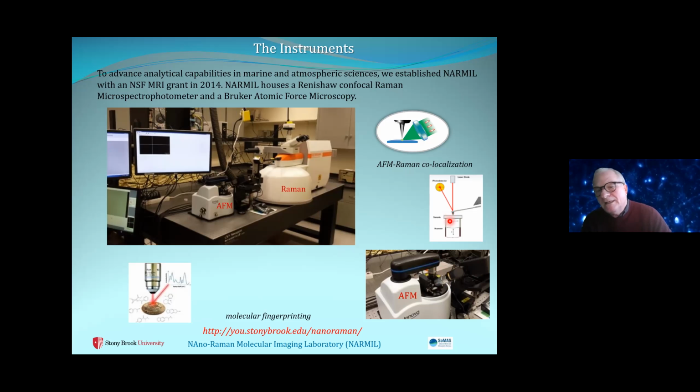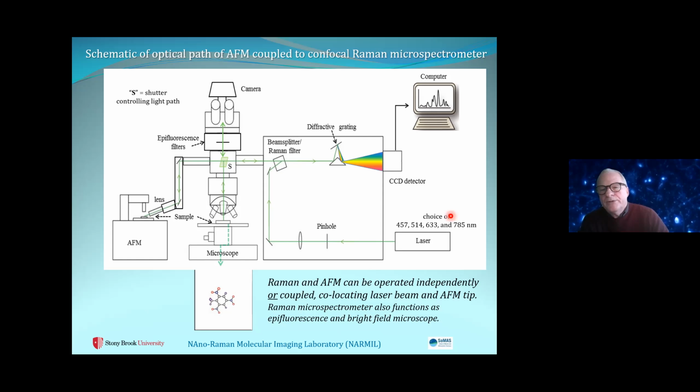A schematic of the system, I don't want to dwell on this, but basically we have the 4 different laser lines we can produce. The laser is all conducted internally. We never see the laser light. It goes through the spectrophotometer. It goes down through the microscope stage and samples the substrate from above. Prior to introducing laser light and getting the spectrum, we close the shutter and we can get a visual image.